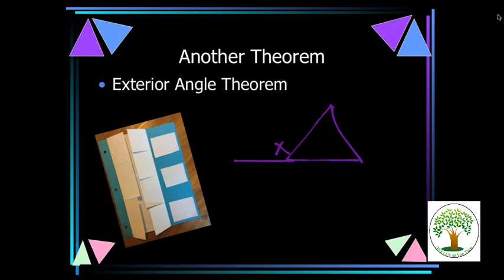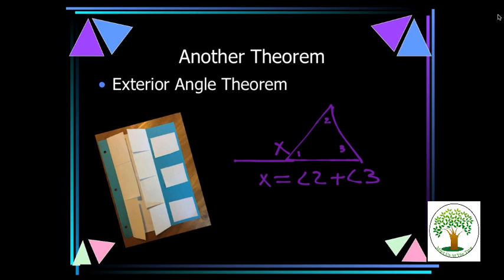So I'm going to label these number 1, number 2, and number 3. Which ones are the furthest from X on the inside? 2 and 3. I love equations personally. So X is angle 2 plus angle 3, equals angle 1? Angle 2 plus angle 3.